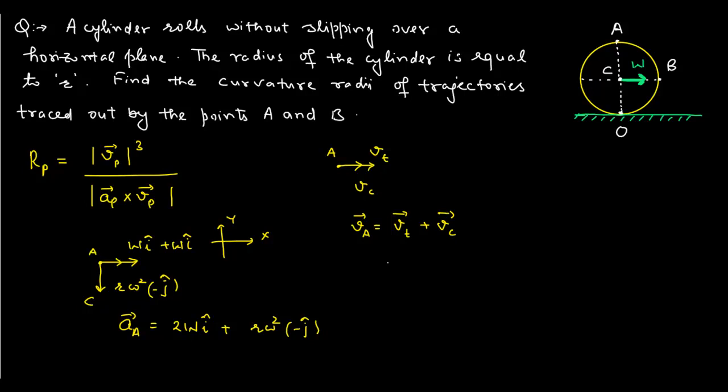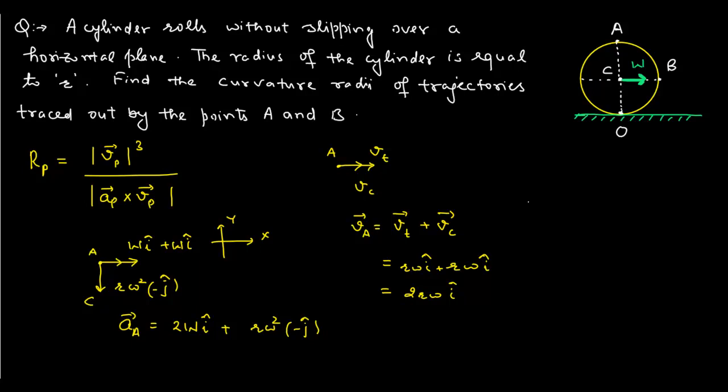As it is under pure rolling, the velocity of center of mass is r omega i cap, and tangential velocity of point A is r omega i cap, and if we add them, we will get 2r omega i cap. Clear?